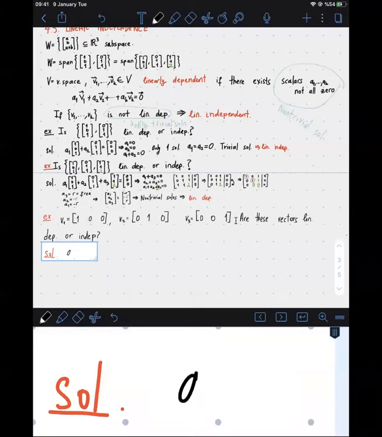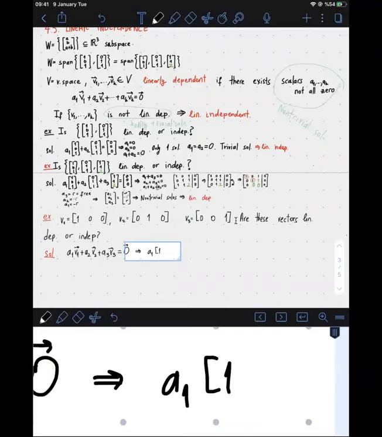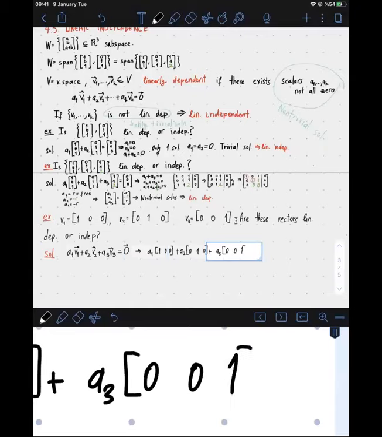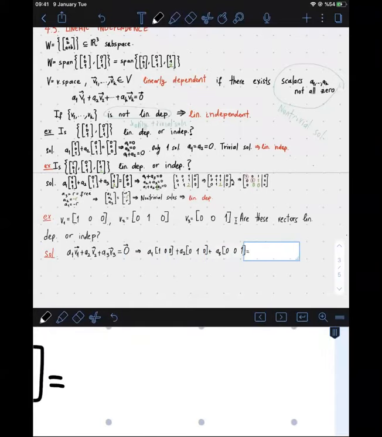So this is really a1 times (1, 0, 0), plus a2 times (0, 1, 0), plus a3 times (0, 0, 1), and this equals the zero vector, which is (0, 0, 0). The zero vector for this vector space is the row vector (0, 0, 0).